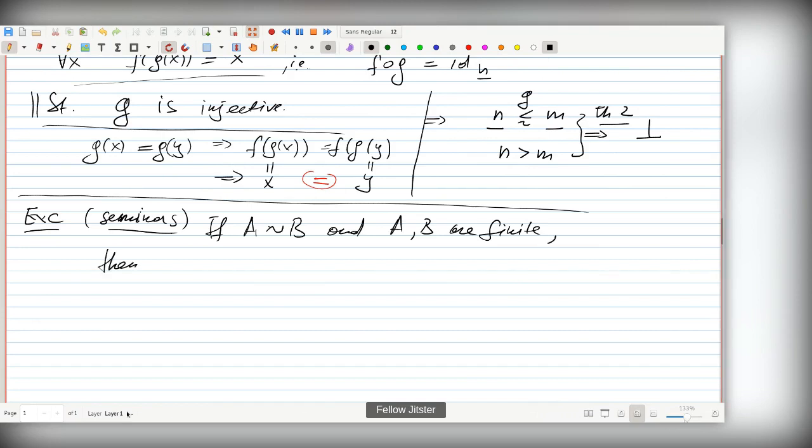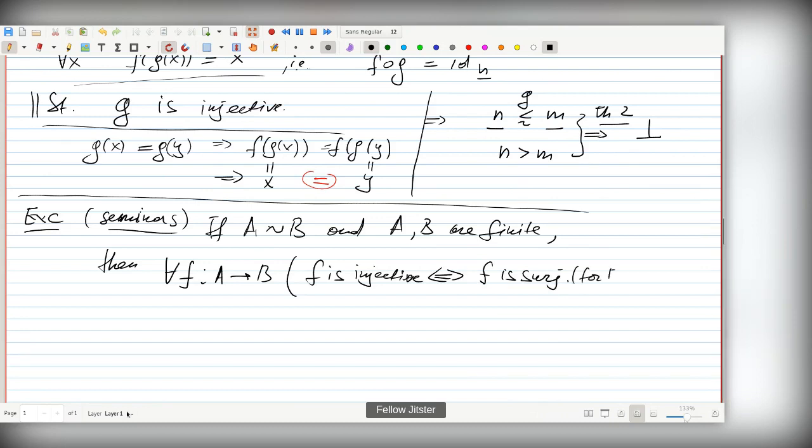Then every function from A to B is injective if and only if it is surjective. Every injection from A to B is also a surjection.